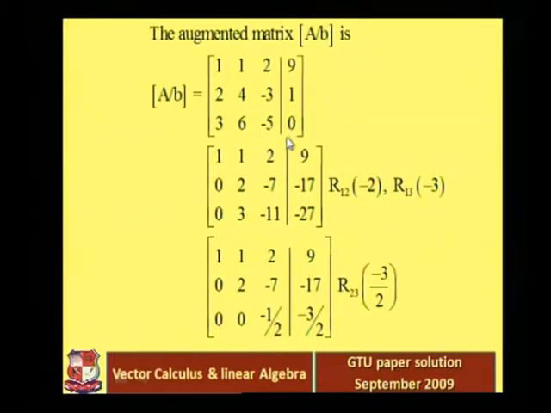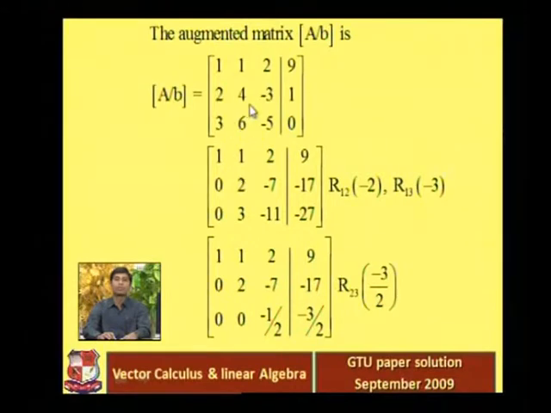First of all we have to convert this matrix into row echelon form using the Gauss elimination method. That means we have to convert the given augmented matrix into row echelon form. First, try to understand the conditions for a matrix to be in row echelon form. The first condition is, if there is any leading entry, below that leading entry all the elements should be 0.